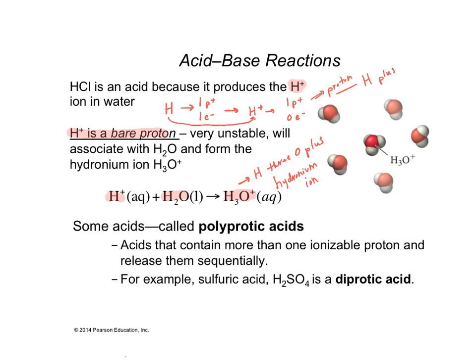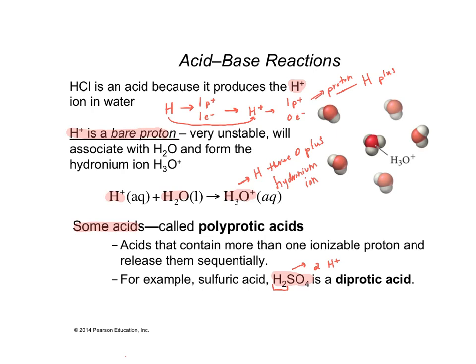Okay? One more thing to note, some acids, like sulfuric acid, have more than one proton to lose, right? So sulfuric acid has 2 H+ coming from it to lose when you put it in water. This is what is called a polyprotic acid, meaning more than one proton.